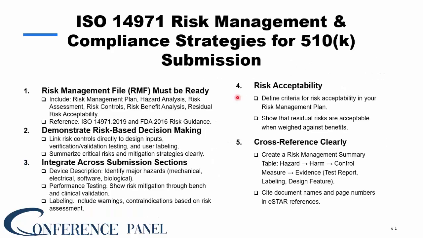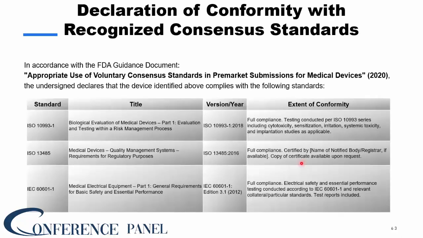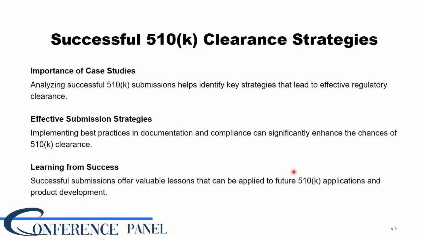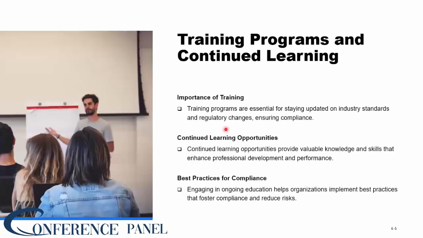For example, I am providing ISO 14971 risk management and compliance strategy, and then case studies for successful 510K clearance, declaration of conformity with recognized consensus standards, successful 510K clearance strategy, review time, fees, references, and also training programs and continual learning.